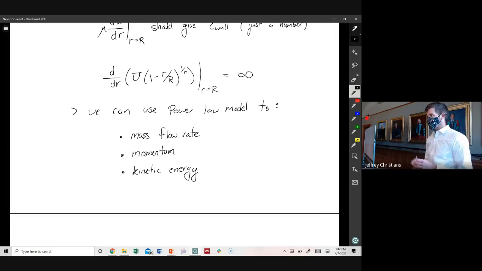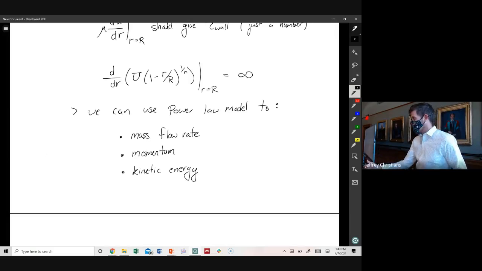So if we wanted to look at kinetic energy, again, we've done this with laminar flow. You did a homework problem where you looked at what's the kinetic energy of the fluid given a laminar velocity profile. But if we had turbulent flow, we could use something like the power law model and do some of the same things. The math would be different, but the process is exactly the same. That would give us a relatively good approximation of what the kinetic energy is.